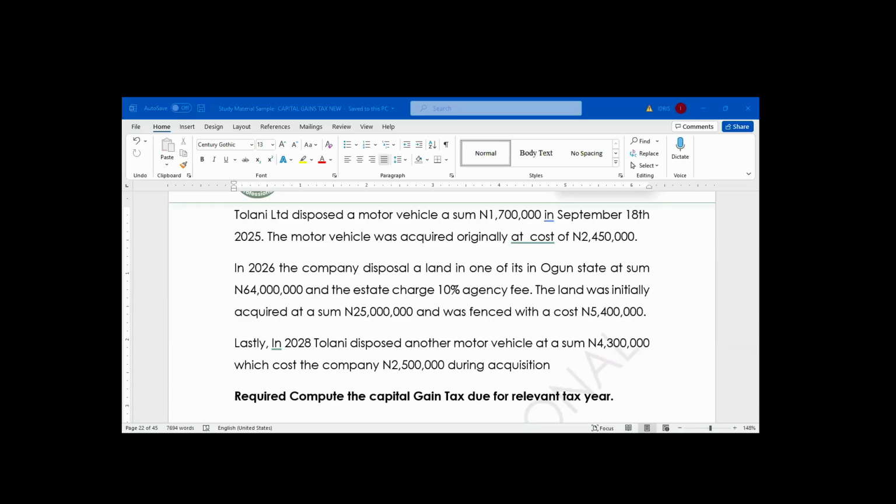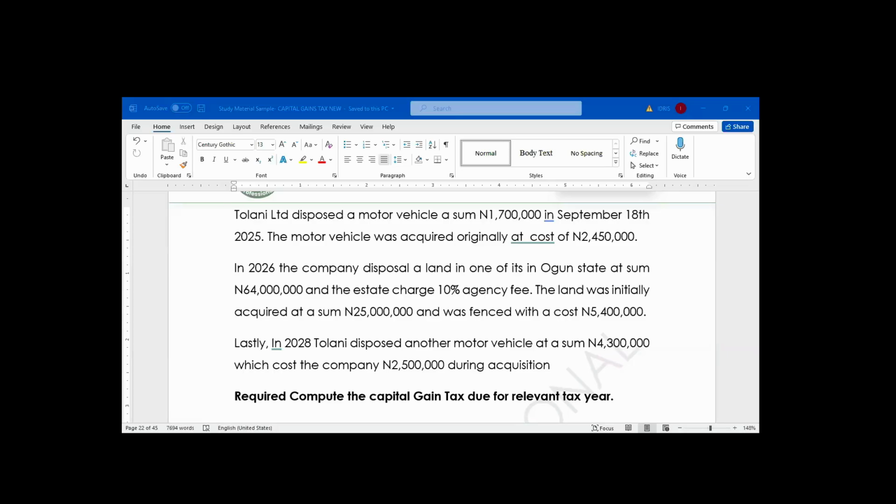When you sell an asset, agency fee, you should remember, is part of the selling cost. How much is the agency fee? The question said 10%, that's 6.4 million. Are we adding the agency fee to sales proceed, or are we lessing?